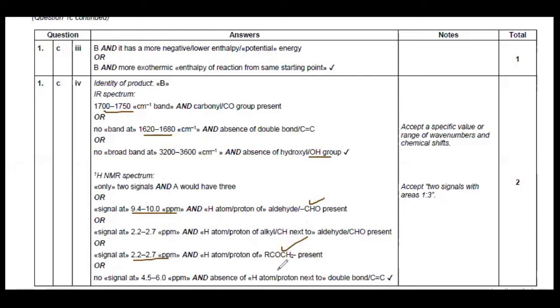For compound A, they have indicated that there is nothing around 4.5 to 6, which shows that the double bond is absent. Both H1 NMR as well as IR spectrum clearly confirm that compound B is the actual product and A is not. It is proved by both IR as well as H1 NMR.